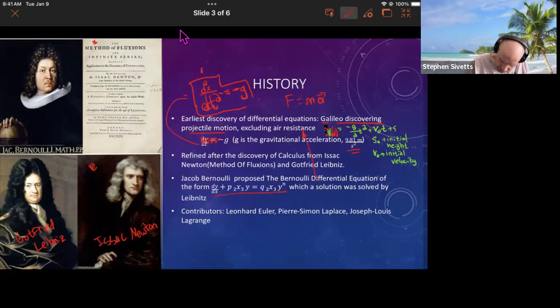Let me actually write out the proper formulation of this.